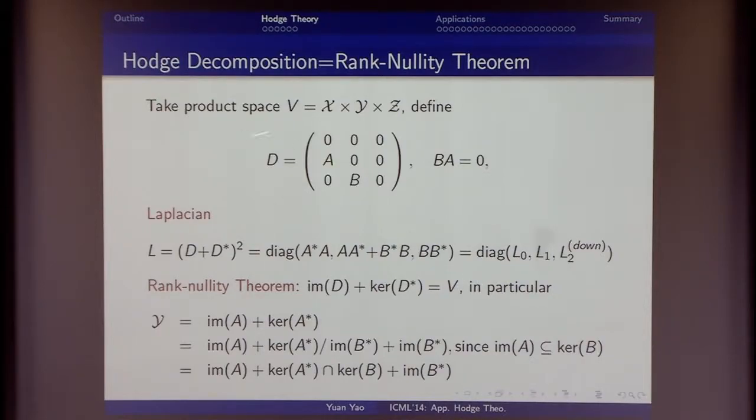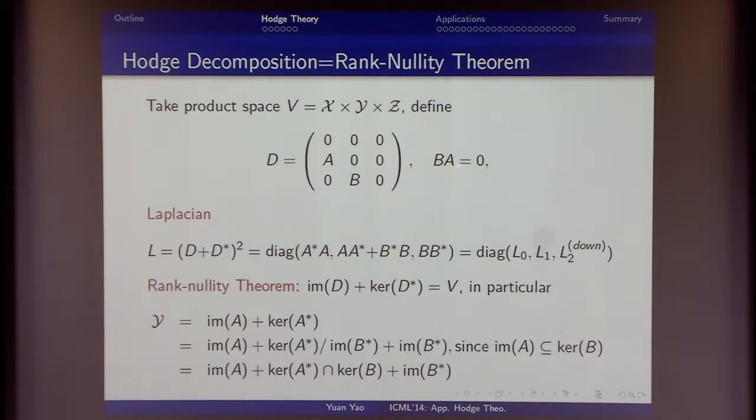This one turns out to be equivalent to the rank-nullity theorem in linear algebra. You don't need to worry about it too much. To use the rank-nullity theorem to prove the Hodge theory, basically you can define a big space, taking X, Y, Z together as a product, and a big operator D which consists of A and B in the lower diagonal, with all the other parts equal to 0.